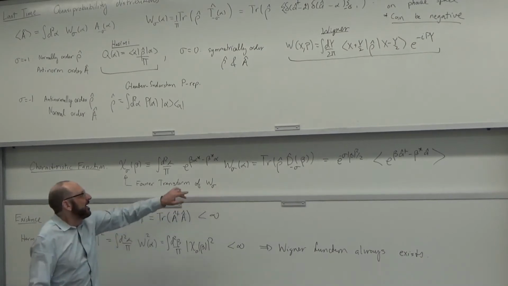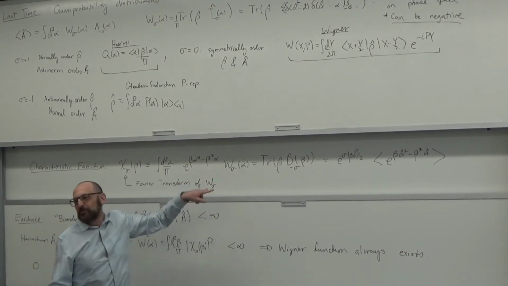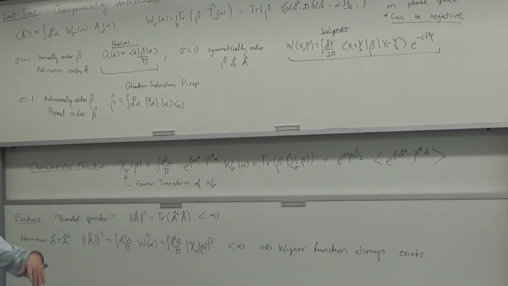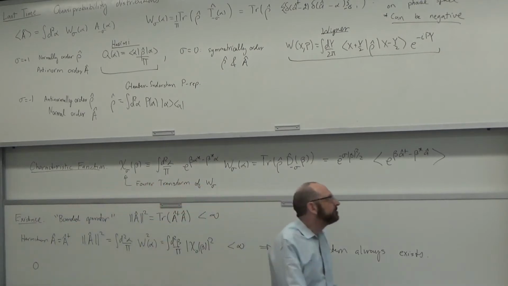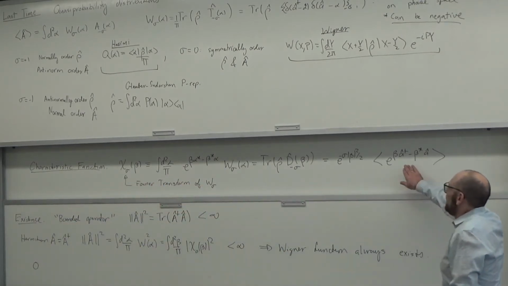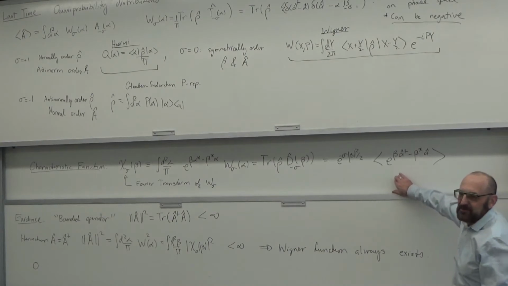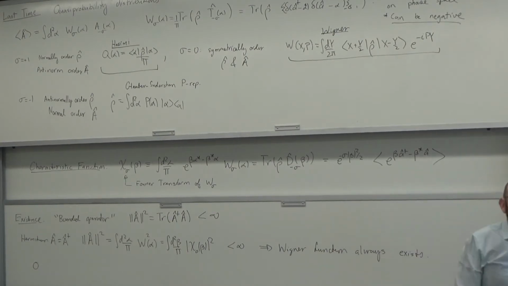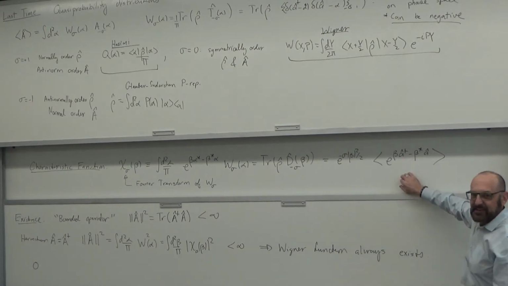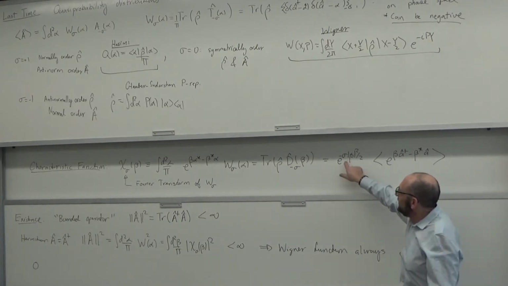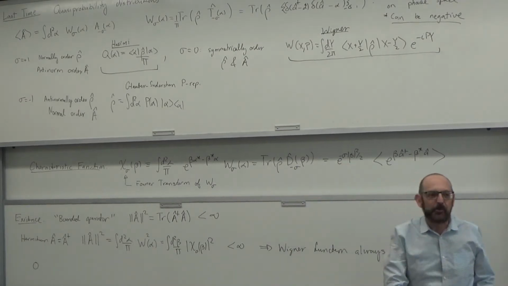So that's the Fourier transform expressed in this 2D way on phase space, which is equivalently the expected value of the plane wave, right? The Fourier transform of a probability distribution is the expected value of e to the i k x. And then we have this factor here relative to the operator ordering.